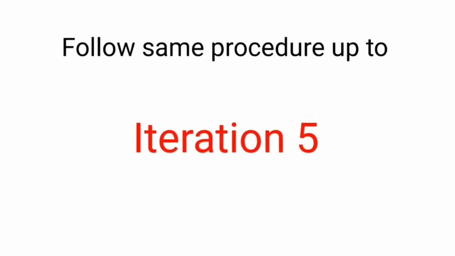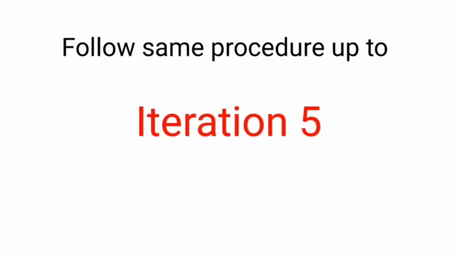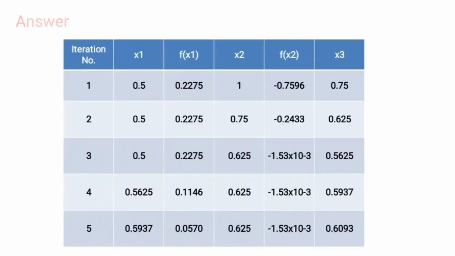Follow the same procedure till iteration 5. Now if you tabulate all 5 iterations' results in this format, at the 5th iteration we get 0.6093, which is the required root of the equation.